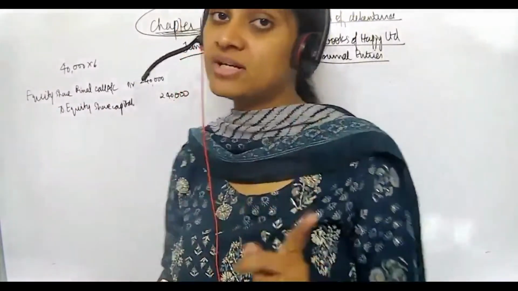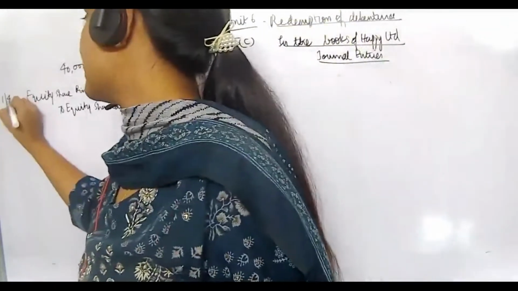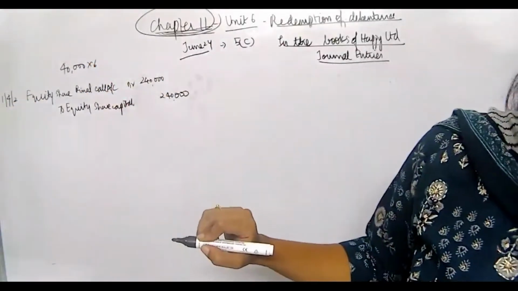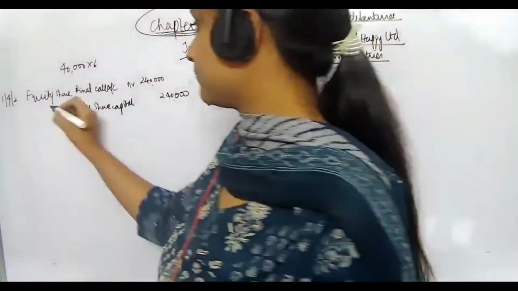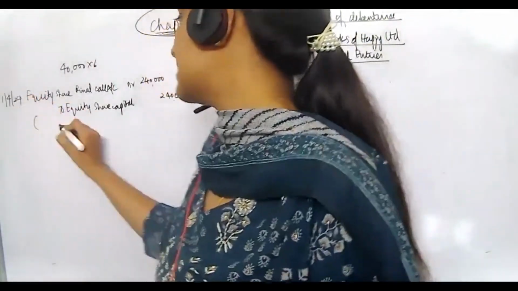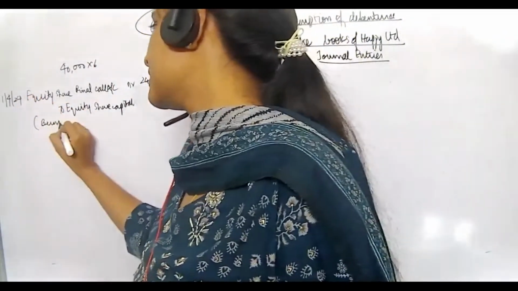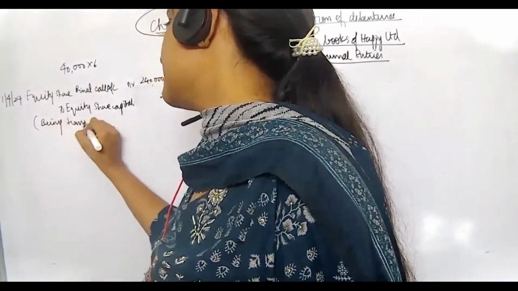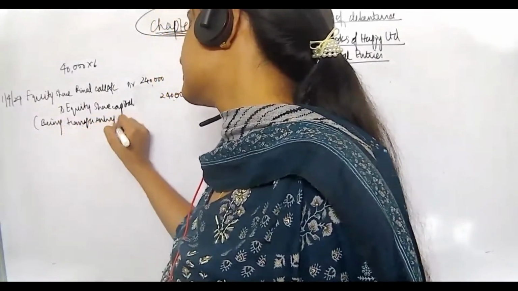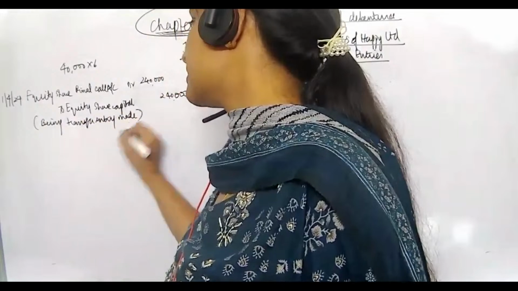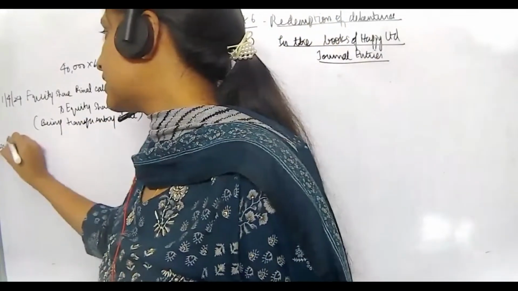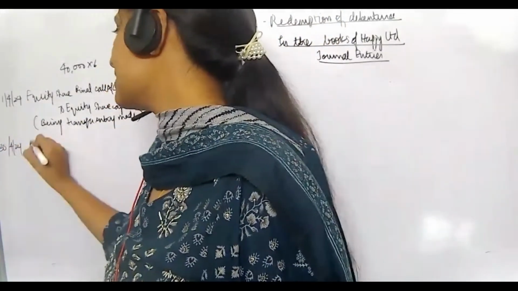Dates are very, very important. 1st of April 2024. What is the date? 1st April 24. Okay, this is the first entry. Write the narration: being the transfer entry made. Next, on 30th of April, you are receiving the money.